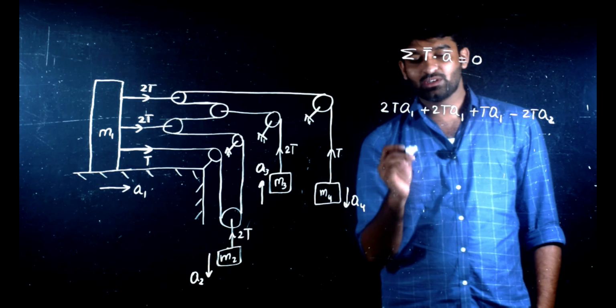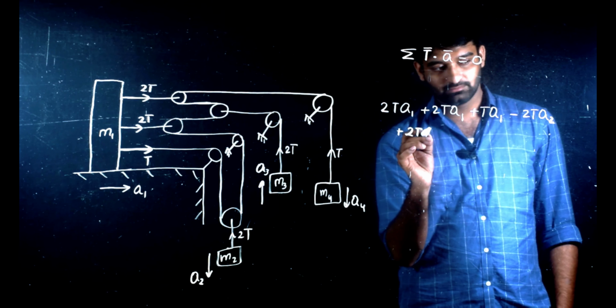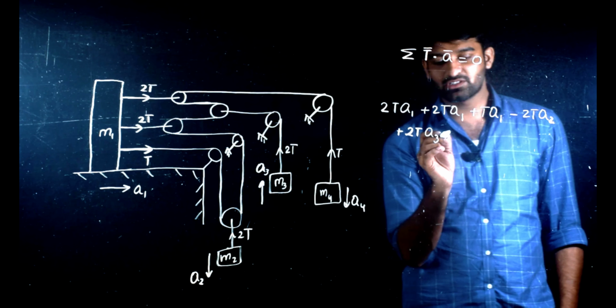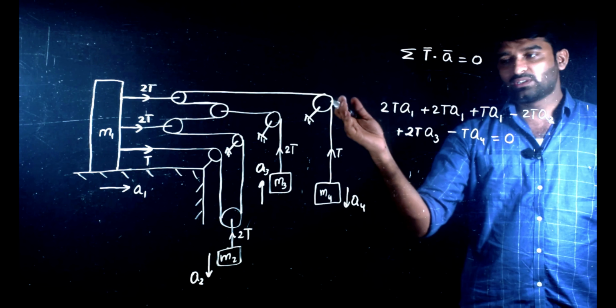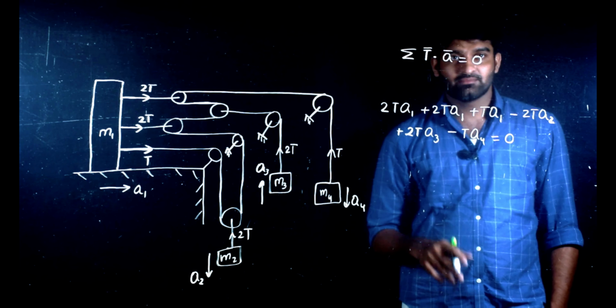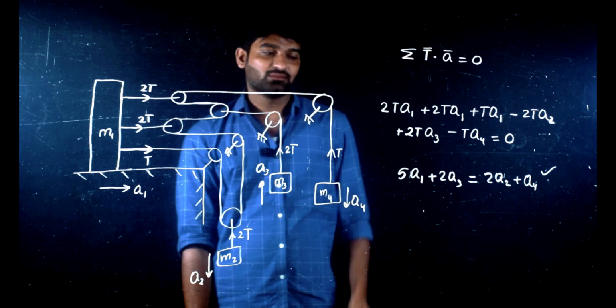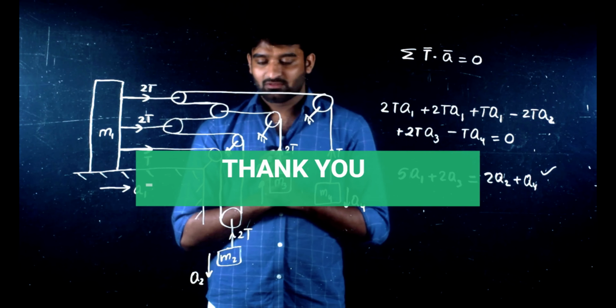And A3 and 2T are in the same direction, so plus 2T A3. And this tension and this acceleration are opposite, so minus T A4. So take T common, send it to the other side and simplify the remaining. Didn't we get this just like that? I would say yes. That's it for this class.